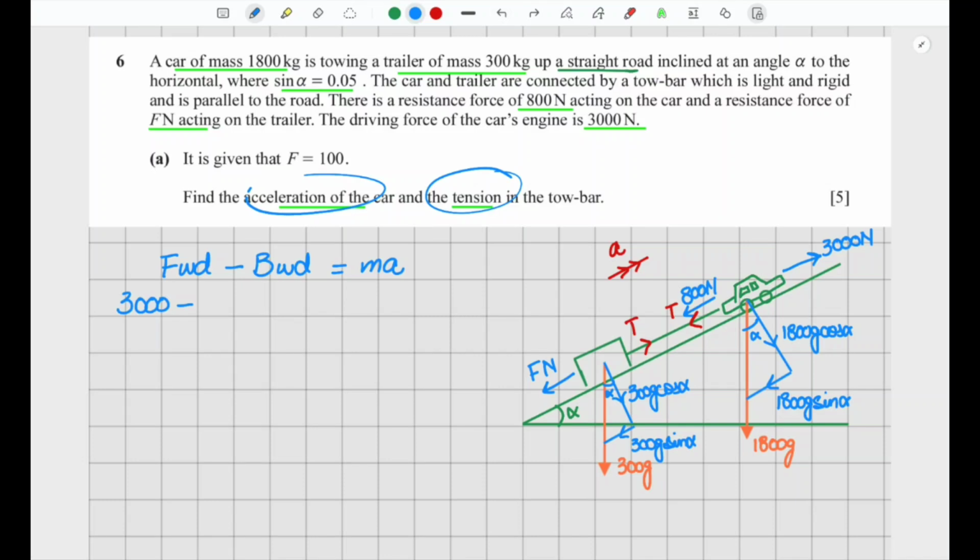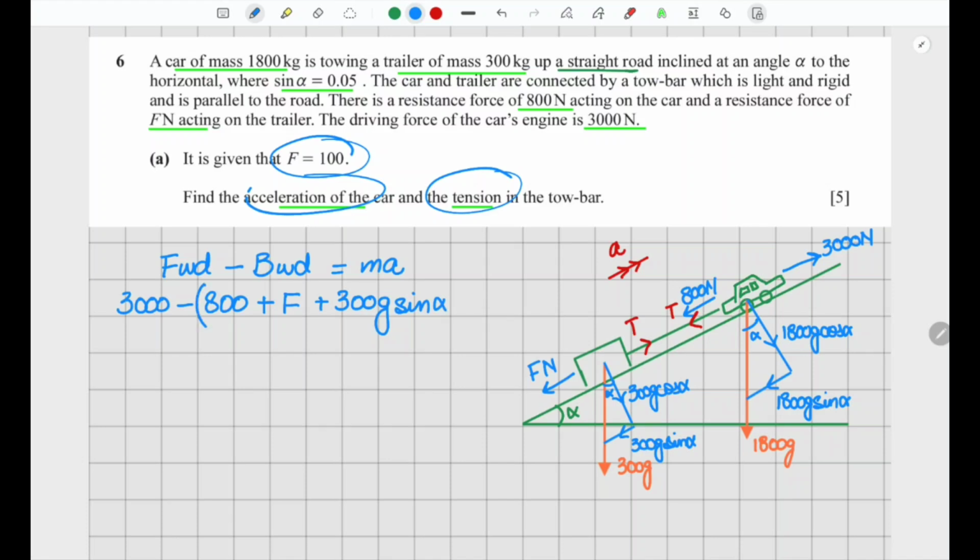Backward forces are 800 Newton on the car plus F, that is given to be 100, plus 300 g sine alpha, and 1800 g sine alpha.